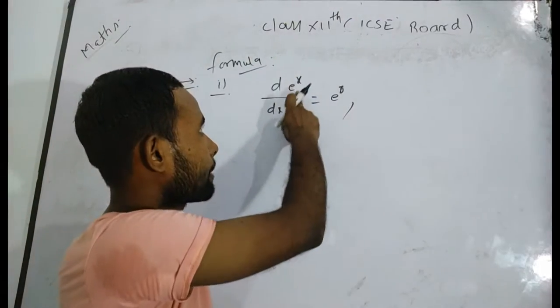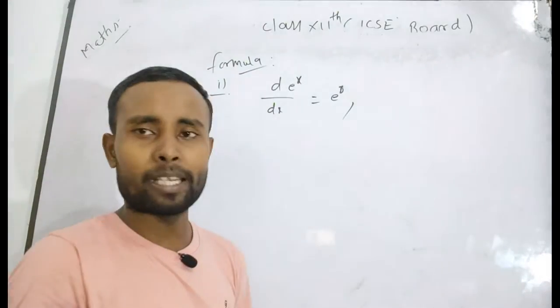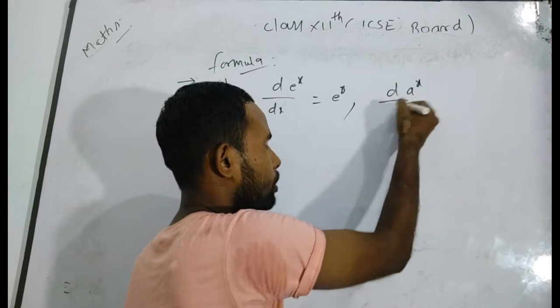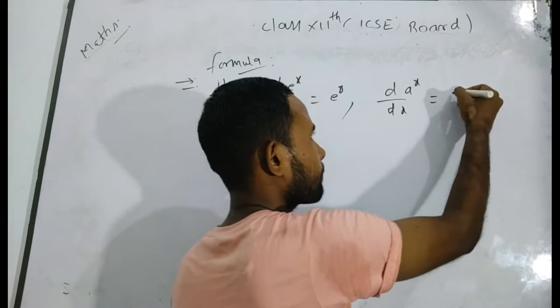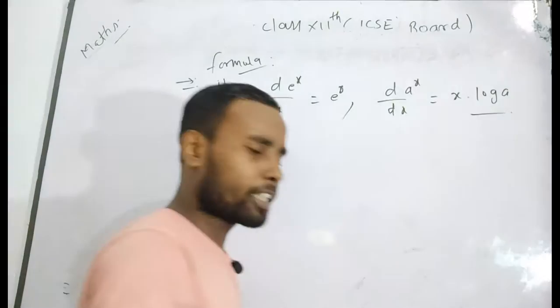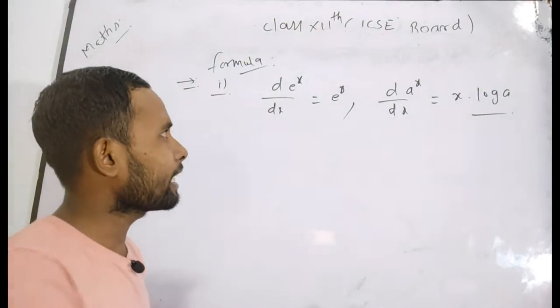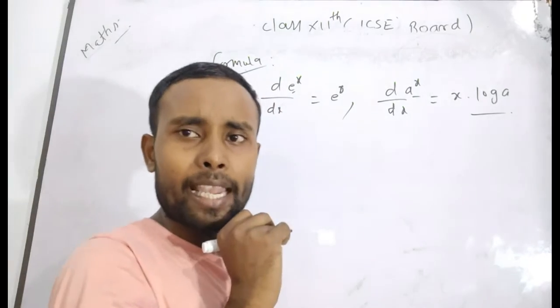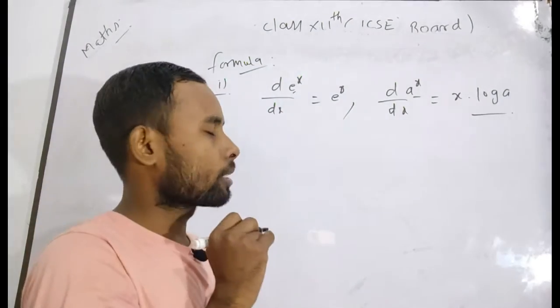That means the derivative of e to the power x with respect to x will be e to the power x, and second, the derivative of a to the power x with respect to x will be a to the power x into log a. I want to tell you again, be careful here: a and e both are important.